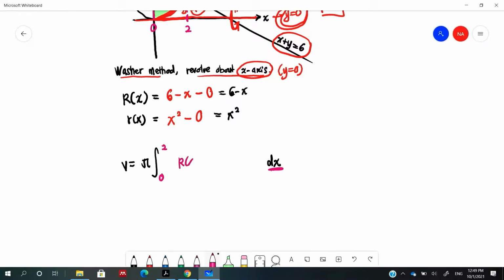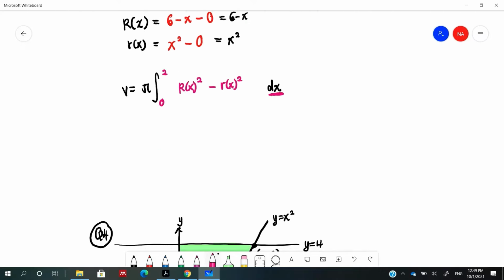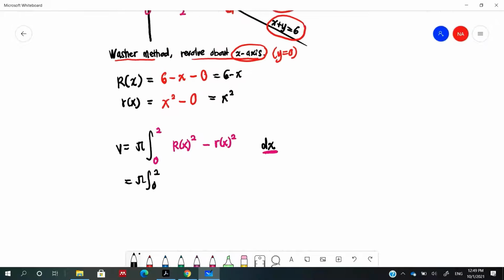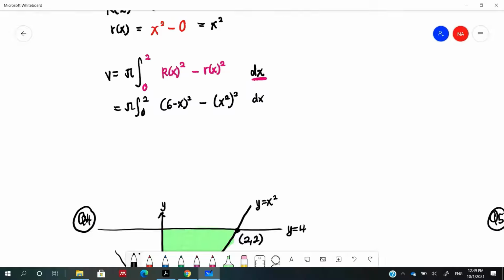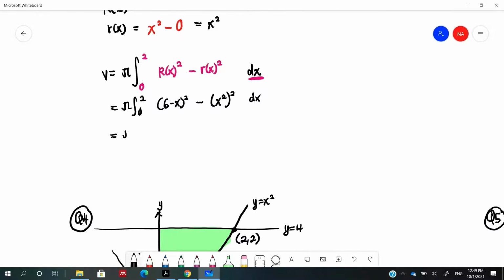In our formula, the outer radius minus the smaller radius, we should square both. Now we substitute the values: pi integrate from 0 until 2, the outer radius is 6 minus x, the inner radius is x squared, and we square it, dx. Before we can integrate this, we should simplify the expansion.